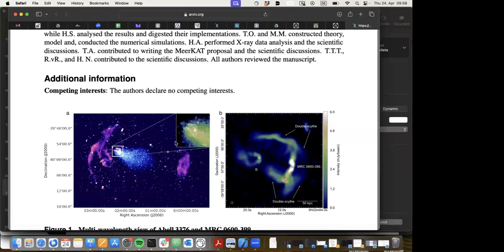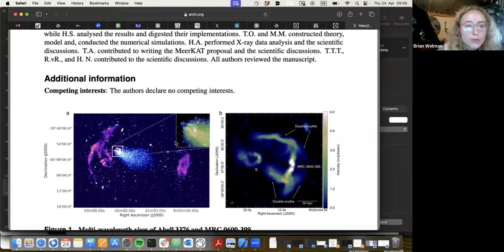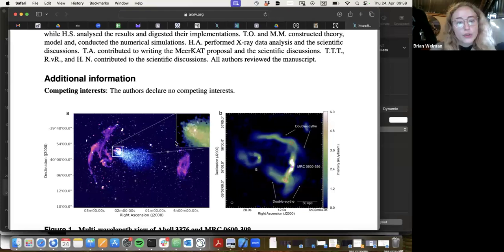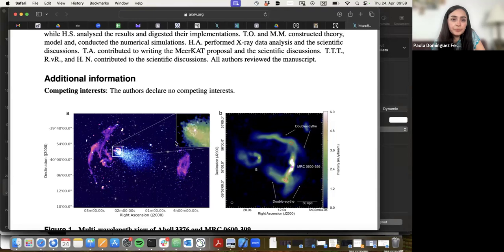Hi, it's Yoni. So the thing about Abell 3376 is that there seems to be a merger happening in the opposite direction of what the bent jets would suggest. It bends against what you would think the ram pressure would be due to the merger. I see. Okay.